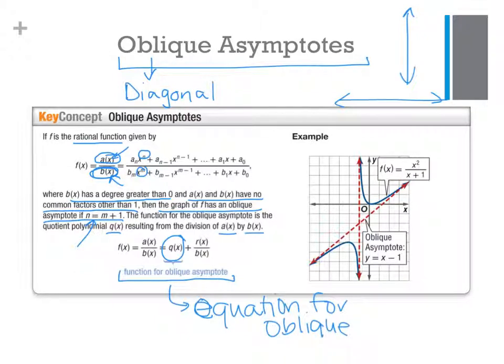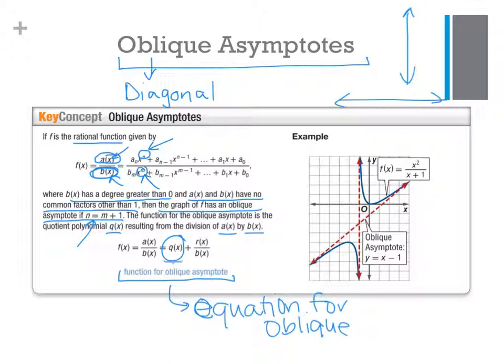In other words, what they're saying is that this degree on top has to be 1 greater than the degree on bottom. So there's another condition here in the fact that the degree of the numerator has to be 1 greater than the degree of the denominator in order for an oblique asymptote to exist.